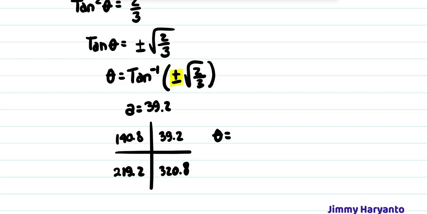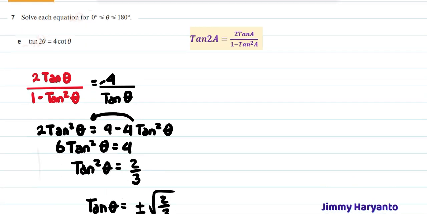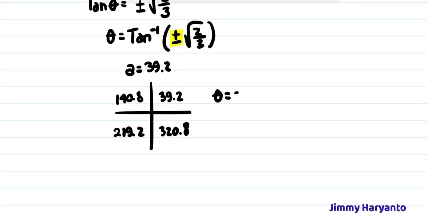So the theta is from 0 until 180, that means 39.2 and 140.8, only these two.